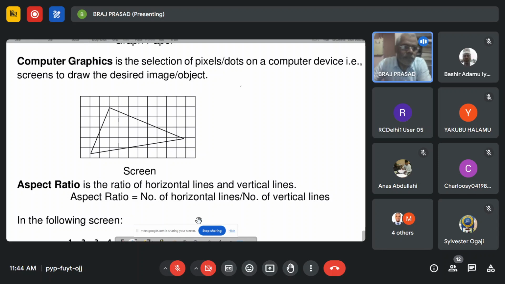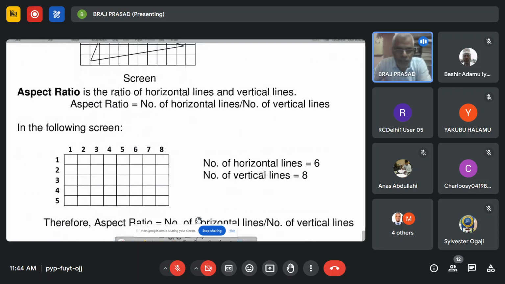Now there are some technical terms that will be used in our topics. First is called aspect ratio. It is the ratio of horizontal lines and vertical lines. Suppose our screen is divided into different rows and columns.